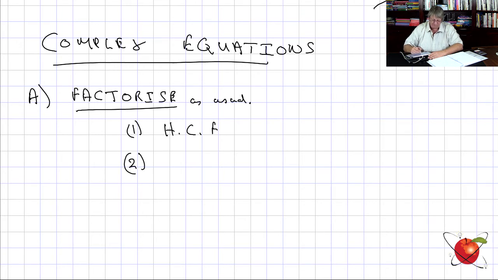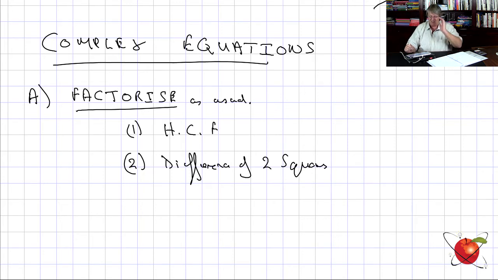Step two is we look for difference of two squares. Remember I told you factorizing way back, this is even last year's stuff, factorizing is the basics of everything. And that's where we've got to focus, because here it comes again, and the same processes apply.